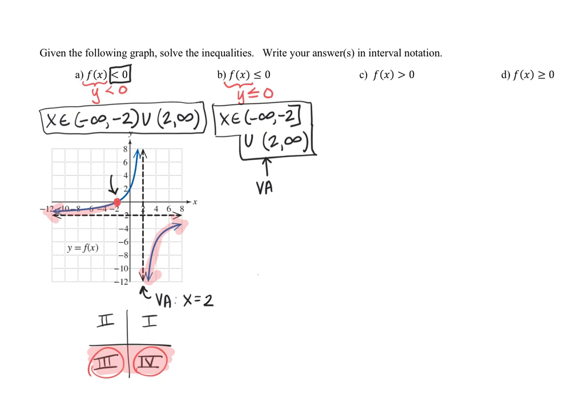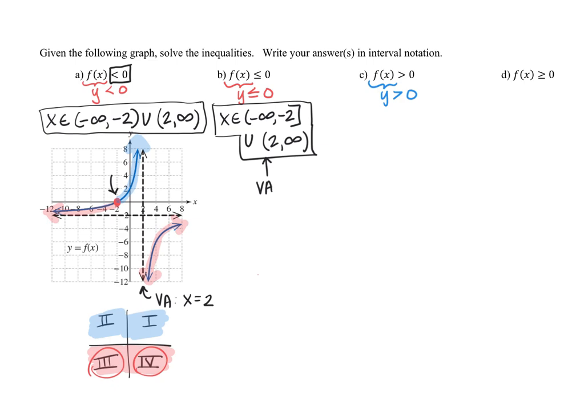Now, part C is asking where f of x is greater than 0. So now the portion of the graph that is above the x-axis means we want the portions of the graph that are in quadrants 1 or 2. So the only portion of this graph that is above the x-axis is this portion here that I have highlighted in blue.